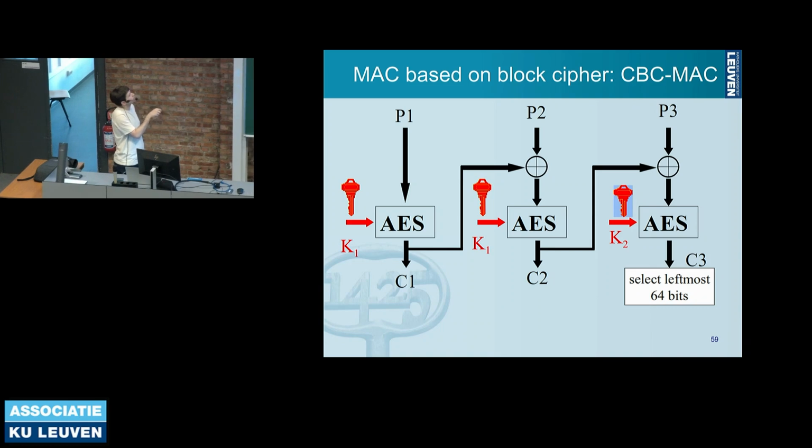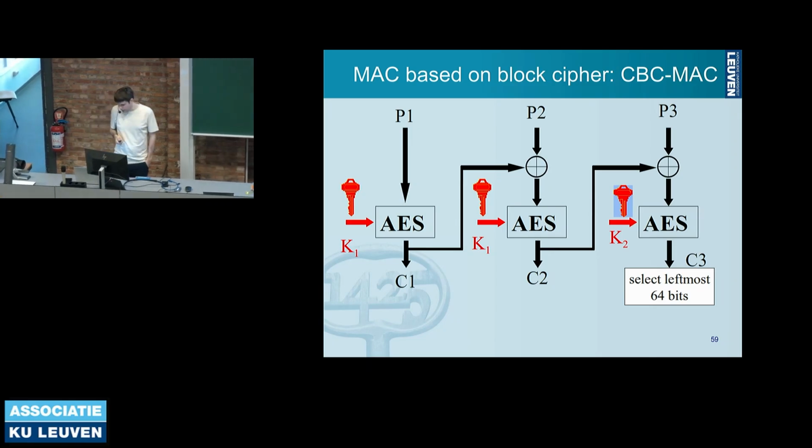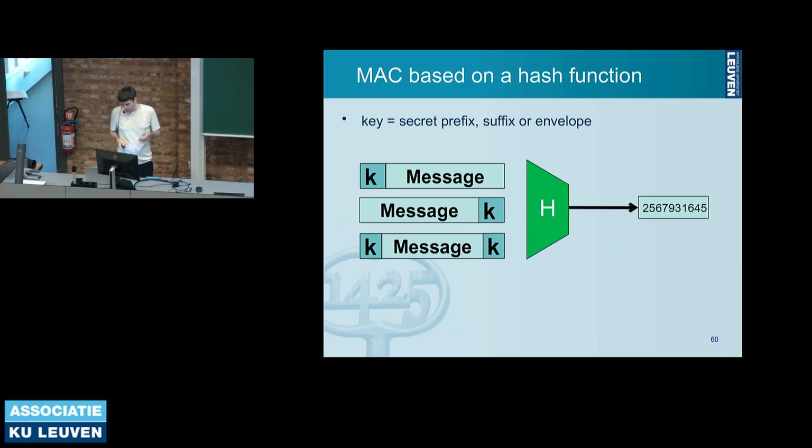It's a bit like the encryption mode we saw before. But instead of producing ciphertext, you do this until you get the last block, and then you select, for example, half of this as the tag. So that's a secure MAC based on a block cipher.